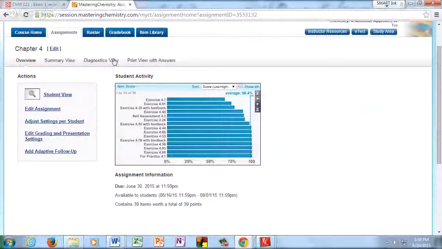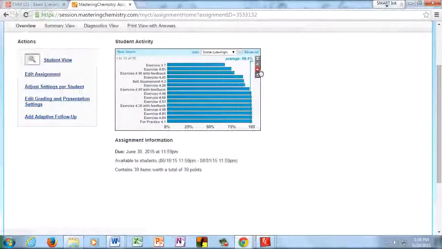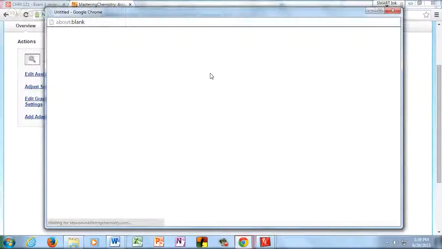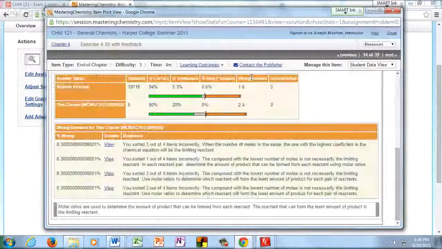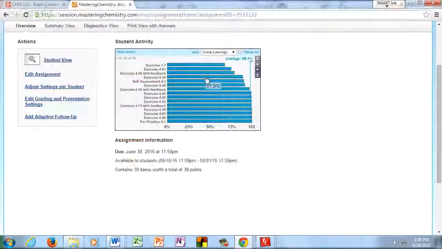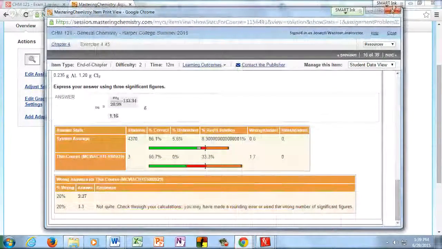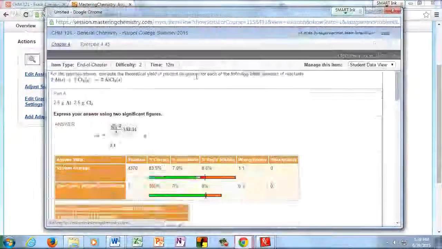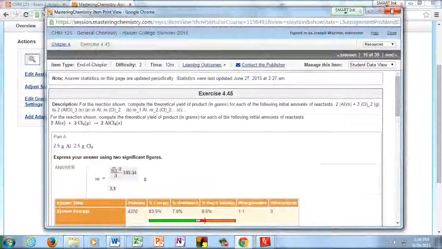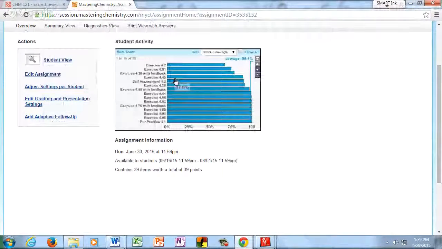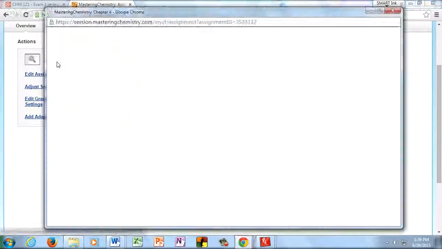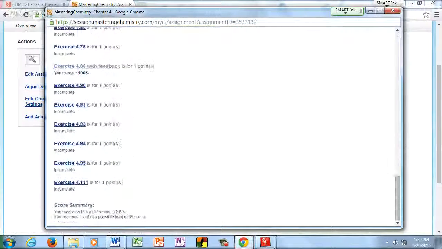Let's see if we can find if there's one on there. Do you happen to know the number offhand? Limiting reactant. Which one is that? 4.111?